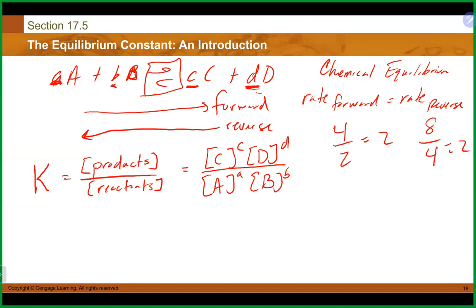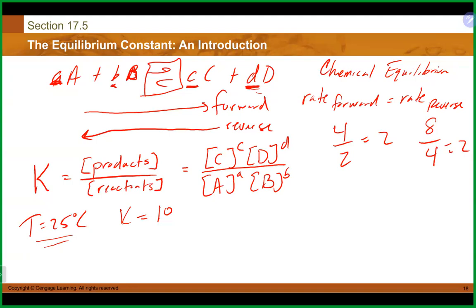So what I was talking about in terms of temperature is, for example, if we did a bunch of experiments at 25 degrees Celsius, and let's just say we got a K of 10, we could do as many experiments as we want at 25 degrees Celsius with different amounts of reactants, products, whatever it may be, and if you calculate the equilibrium constant, it will always pretty much be 10.